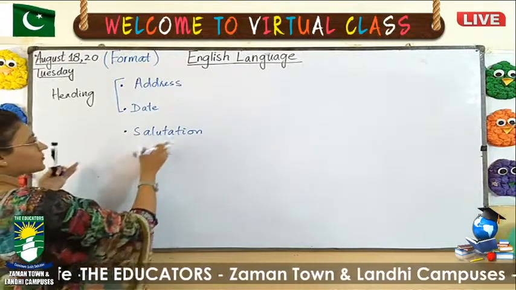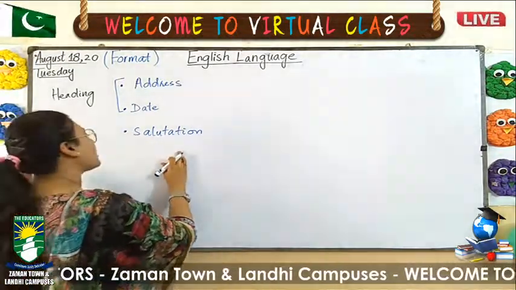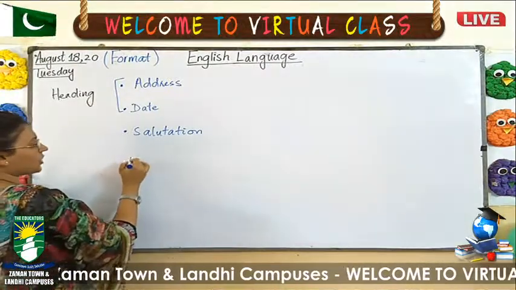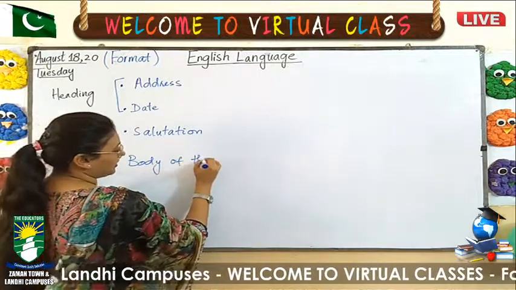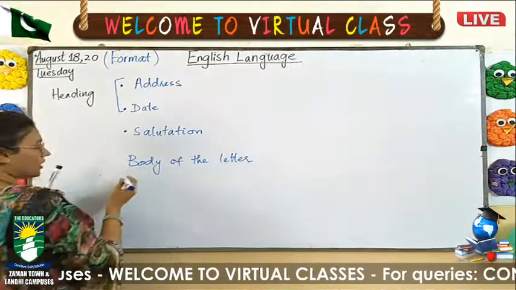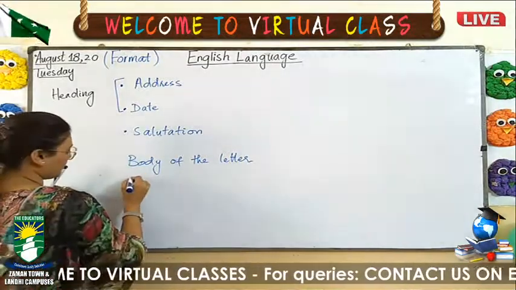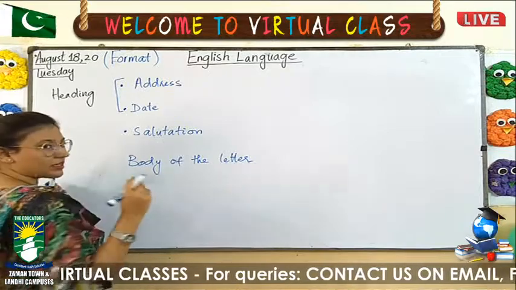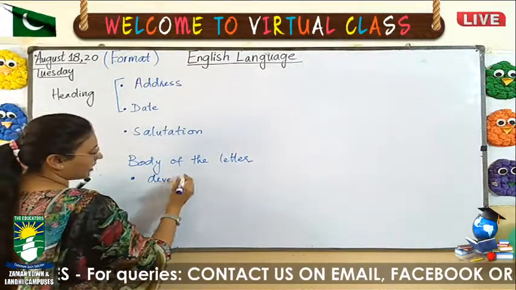After writing the salutation, you will skip one line. Then, skipping one line, you have to prepare the body of the letter. In the body of the letter, you have to prepare paragraphs. If the content points are 3, you would be writing 3 paragraphs.